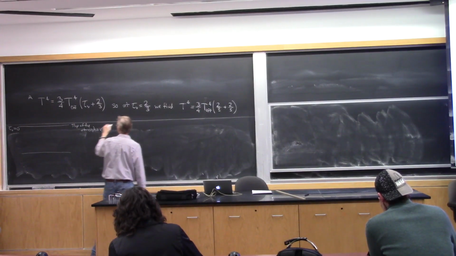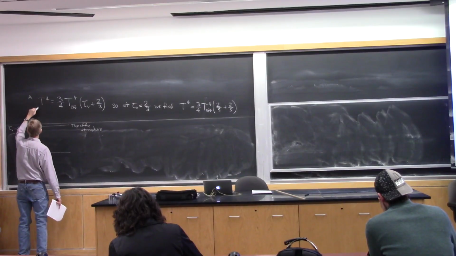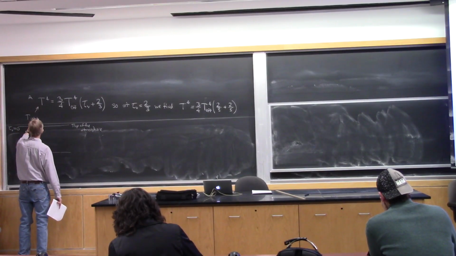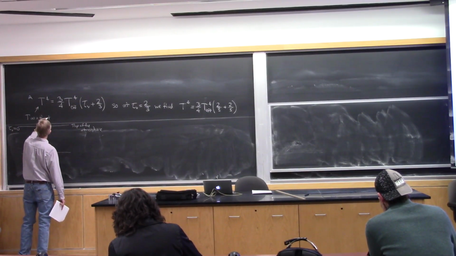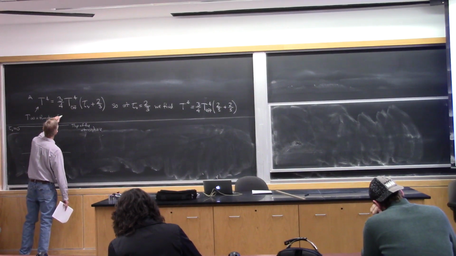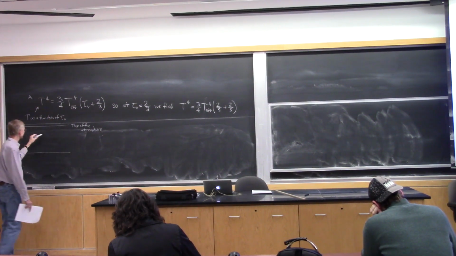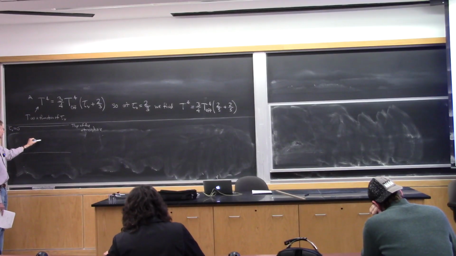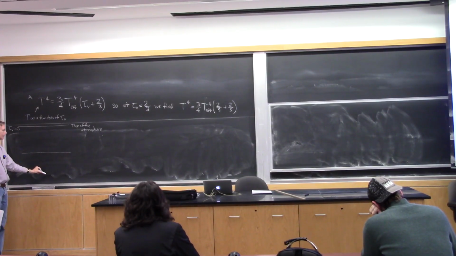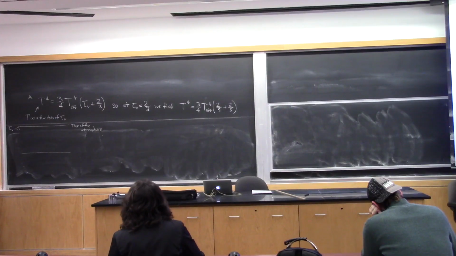This is T as a function of tau v. In other words, it's telling us the temperature at different depths within the atmosphere, as expressed by the optical depth.